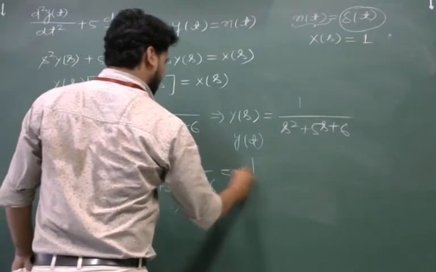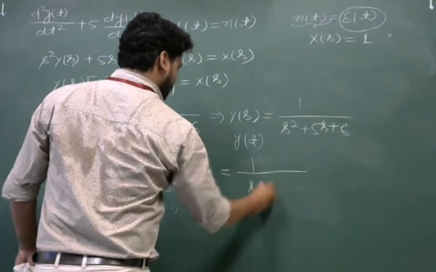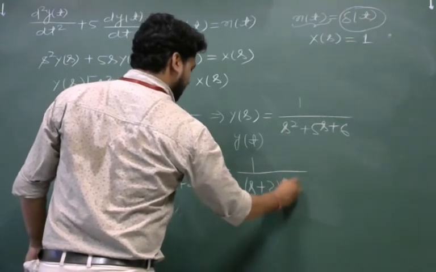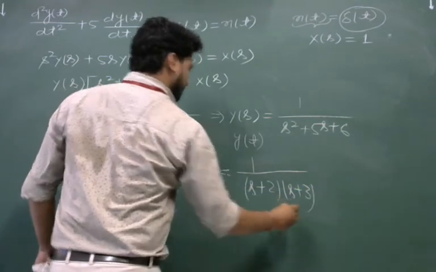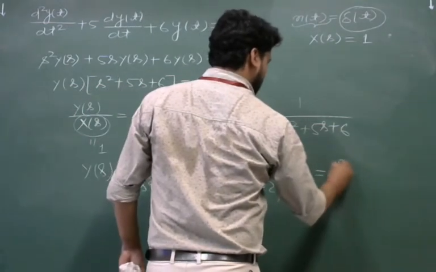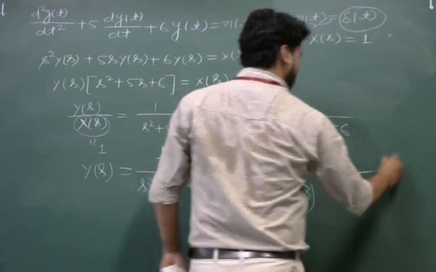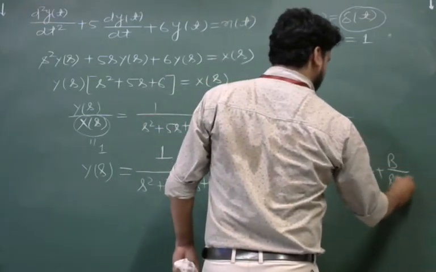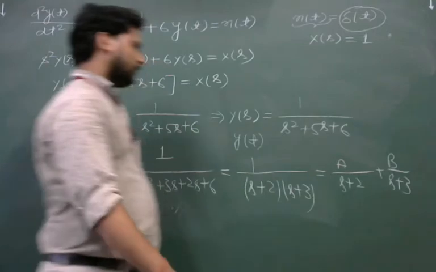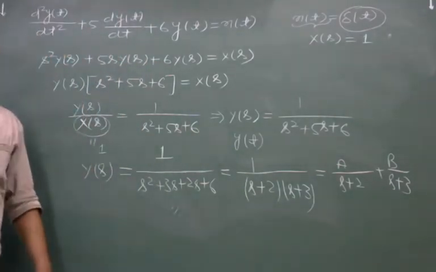This will become 1/((s + 2)(s + 3)), which can be further written as A/(s + 2) + B/(s + 3).